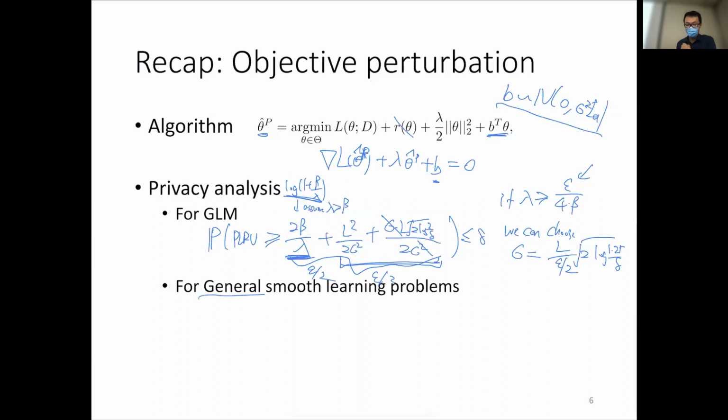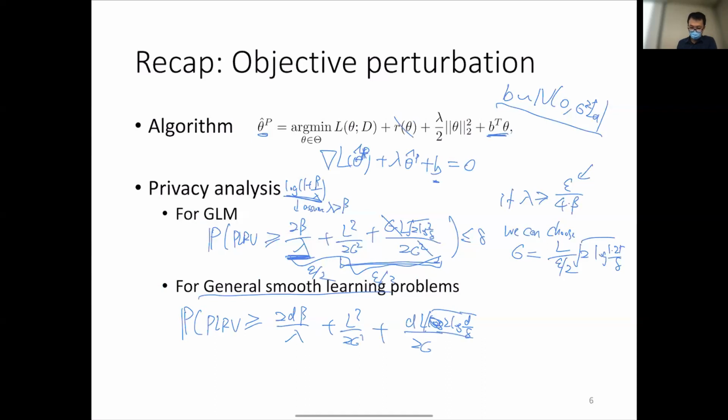But in the general smooth learning problem, we cannot actually do that. So the type of bound that we get is slightly different and worse by some dimension dependence. The first term is now 2 times d beta over lambda. The second term is actually the same, but the third term now has this additional factor of d, square root of 2 log d over delta.